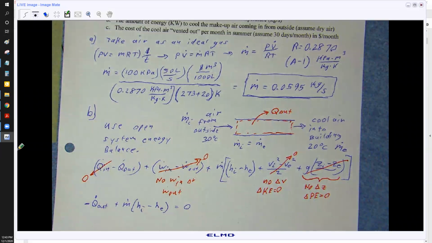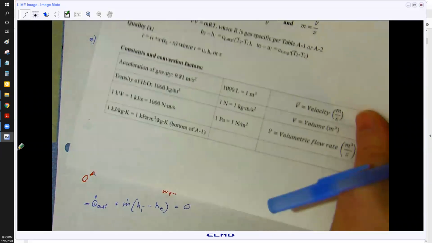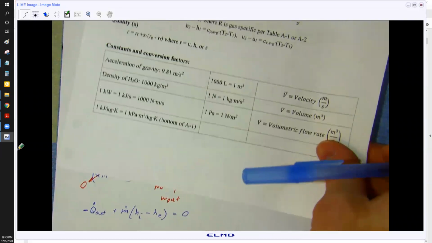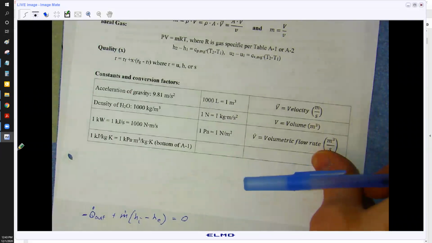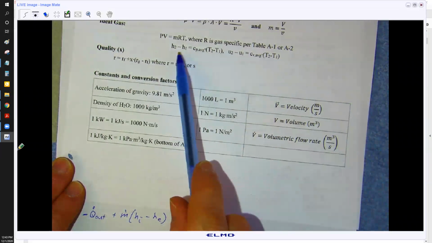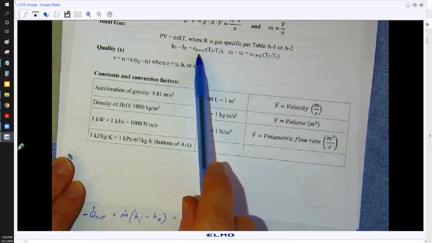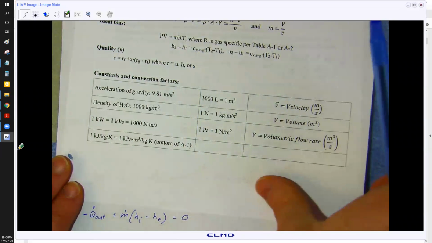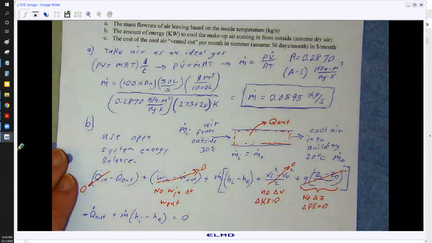I can rewrite this. If I look here on my formula sheet, for an ideal gas, the change in enthalpies is equal to the average heat capacity, or average specific heat, times the change in temperatures. So let me make a note of that here.